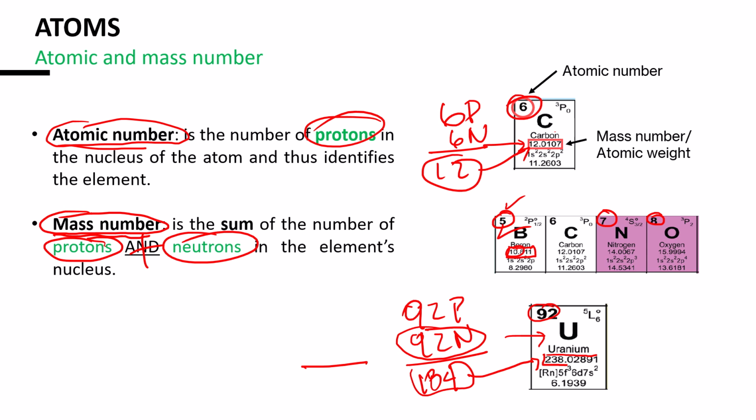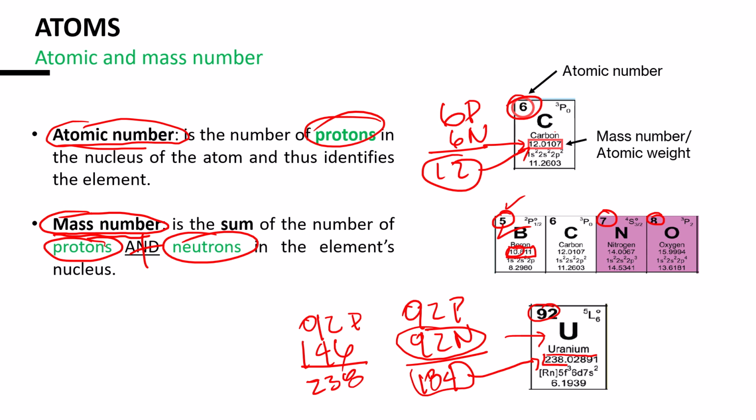Based on the mass being 238, and if we know for sure that uranium has 92 protons, we just do the calculation by subtracting 92 from those 238, and that will be how much? Let me do the math here, 146, right?